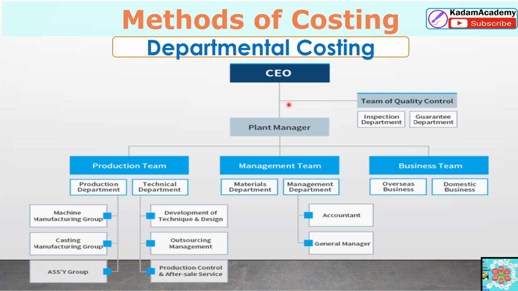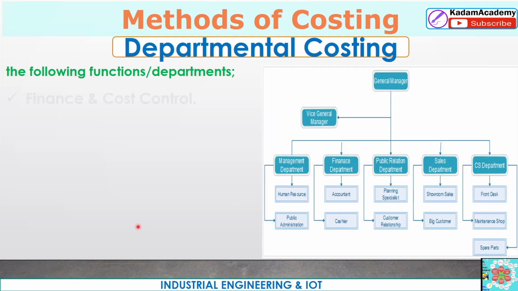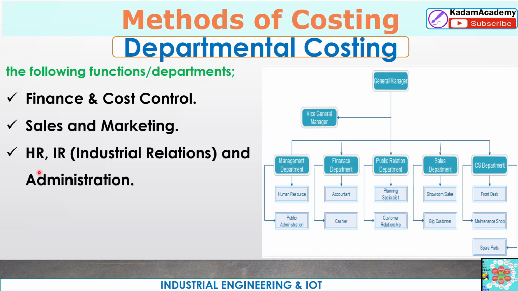Different departments under the CEO, the plant manager, production team, management team, or business team, their material department or technical department or production department. Or you can see here a few functions and departments like finance or management, public relations, sales, marketing, HR, IR. These are the different departments.